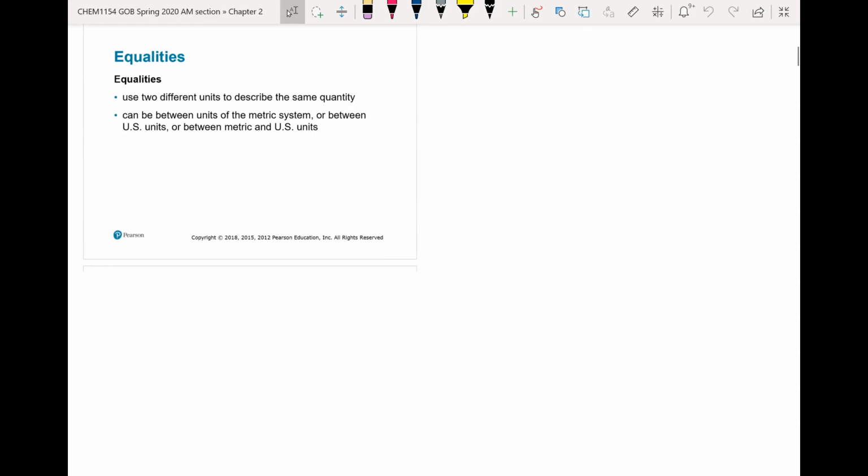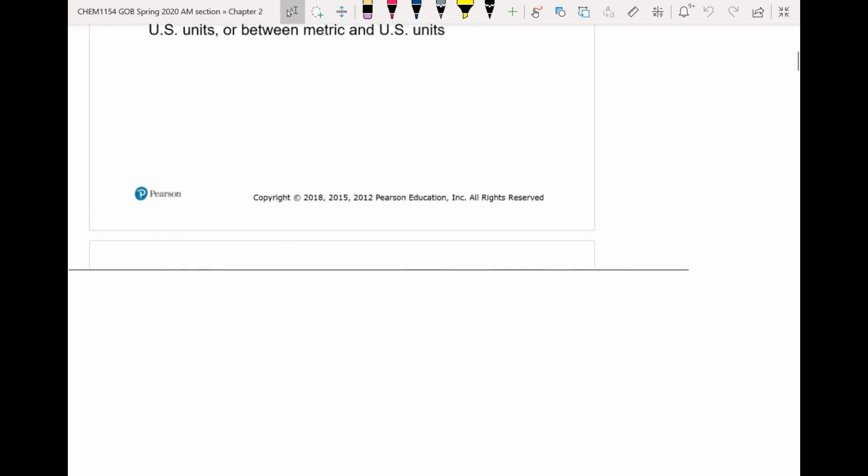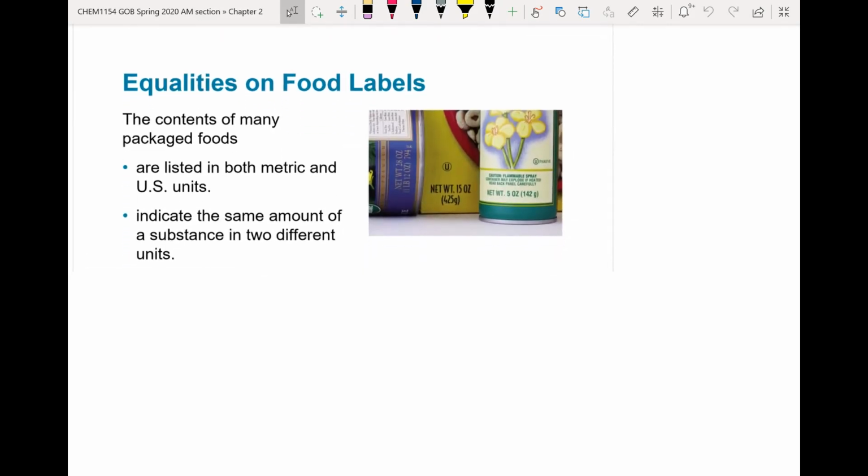All right, so we talked about equalities, which are just simply relationships between two different units. We make them equal to each other. They represent the same thing or the same size. We saw equalities that we can encounter a lot of in the metric system, but we can also see equalities in other systems as well. We can see them in the US system, right?